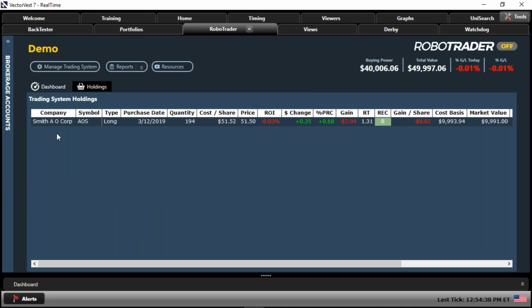And here, right within the VectorVest tool, right within the Robo Trader tool, you can track the trade.